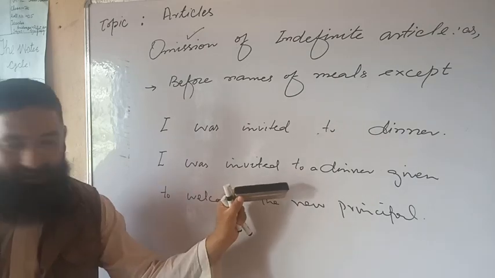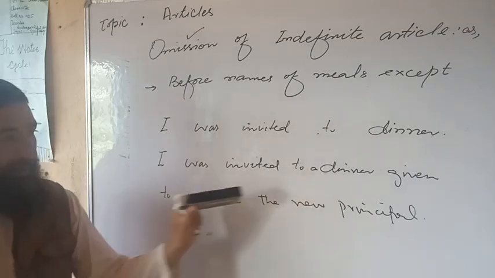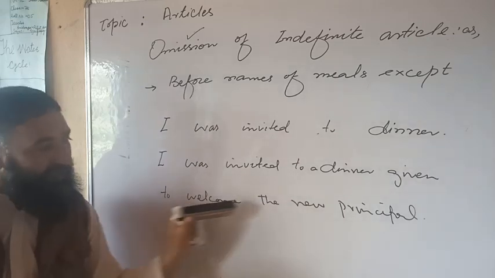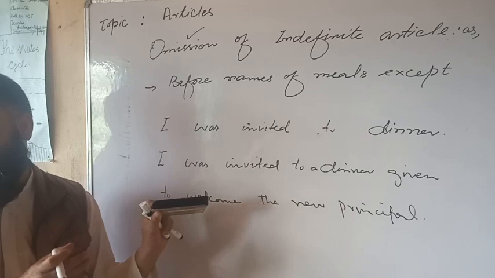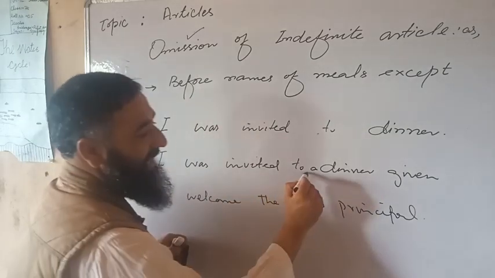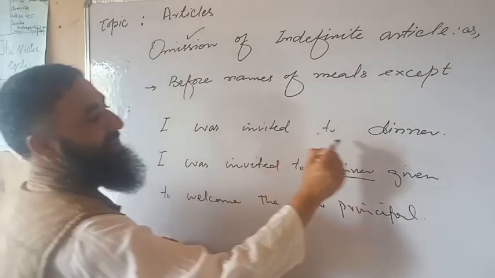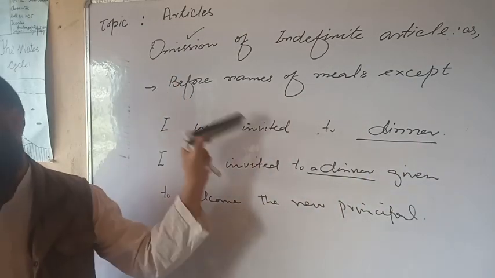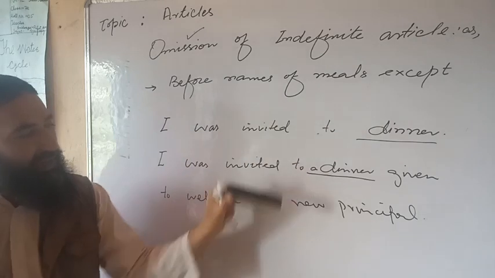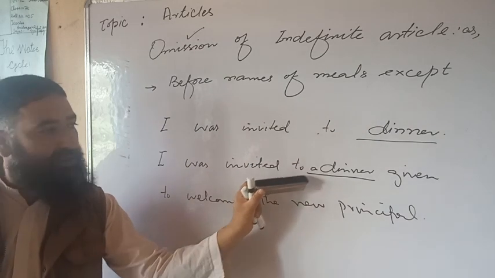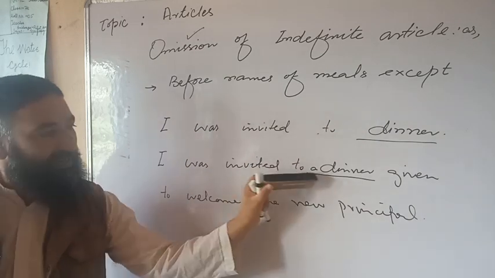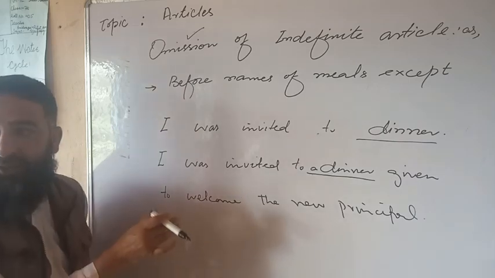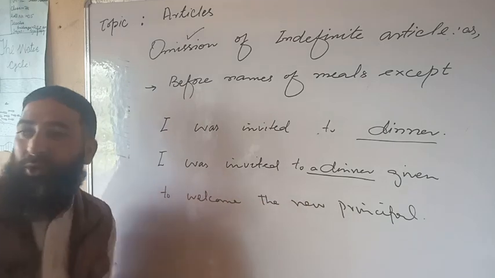It will take it. Why? Because it's a special meal and it has been given to welcome the new principal. So here it will take the indefinite article, and here it will take none, because it is an ordinary meal. Here I have used the indefinite article because it's a special meal and it has been given to honor our new principal.